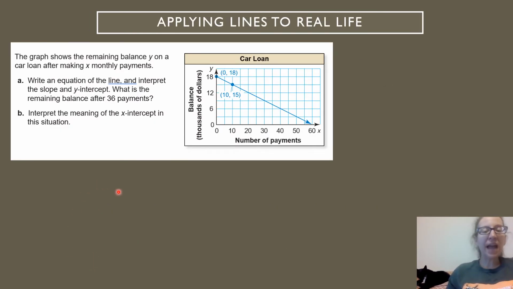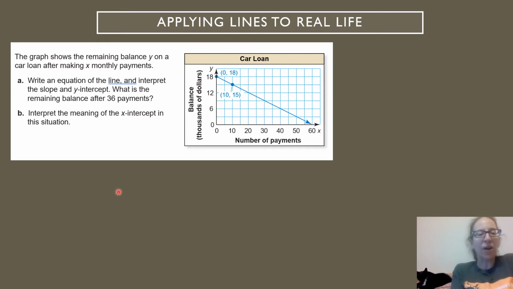All right, the next thing is we want to look at how lines connect to and apply to real life situations. They are super common. There's tons of stuff in the real world that is linear. And even when something isn't linear, we will often find a way to create a mathematical model that is, because lines are nice.